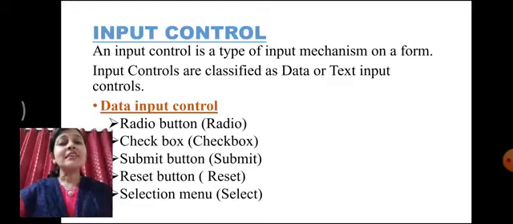It means if there are many choices, the user has to select only one choice. For that, we use the radio button. Next, checkbox. The checkbox control allows a web page visitor to select more than one choice from the list of choices.